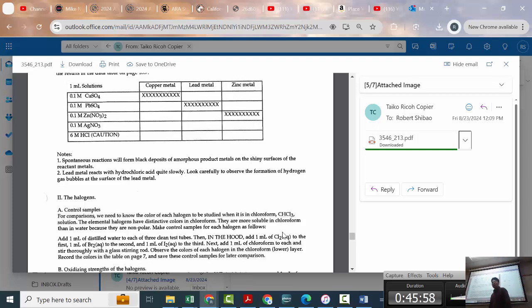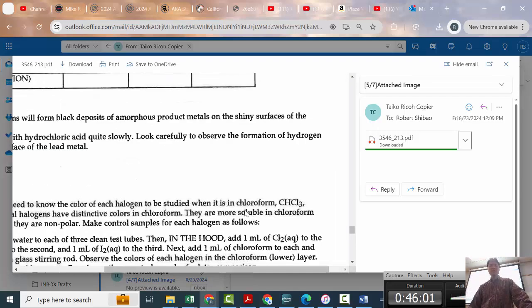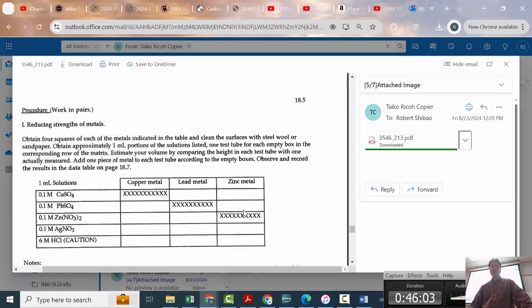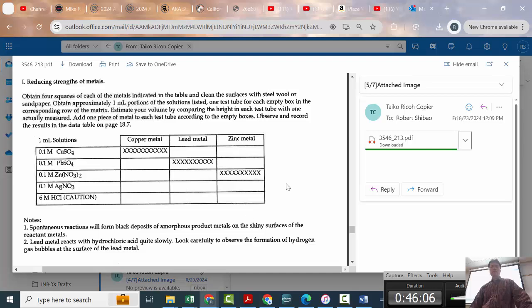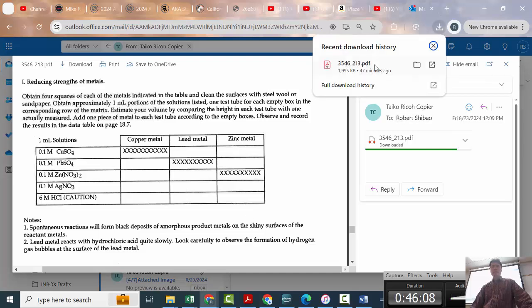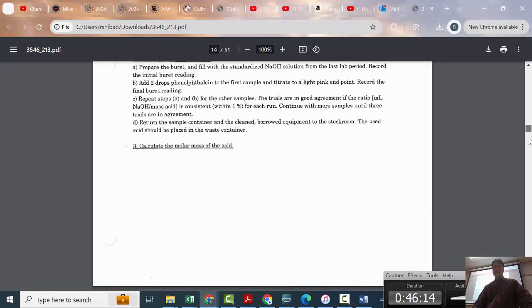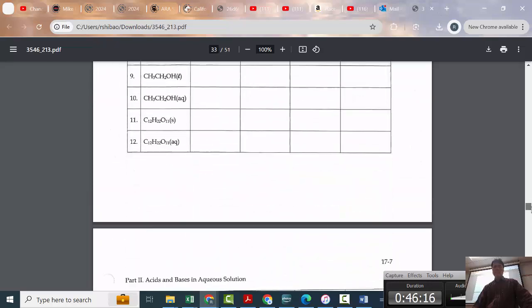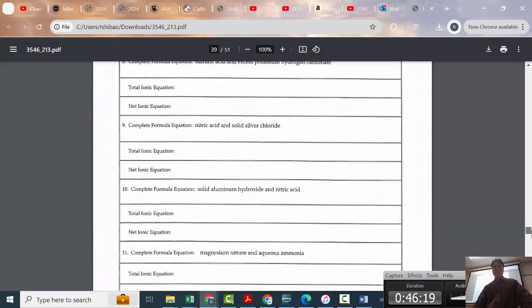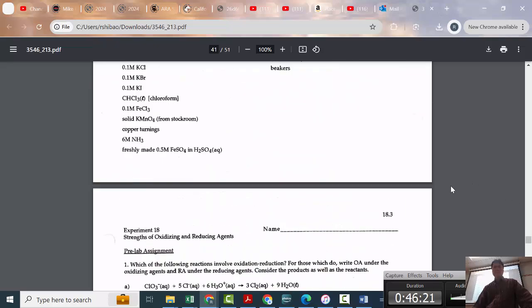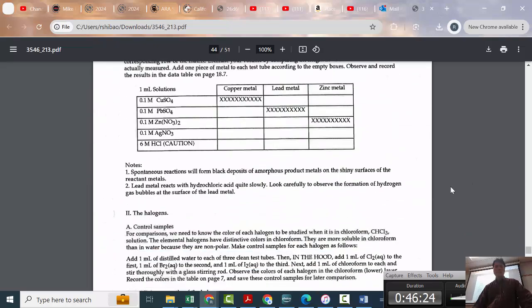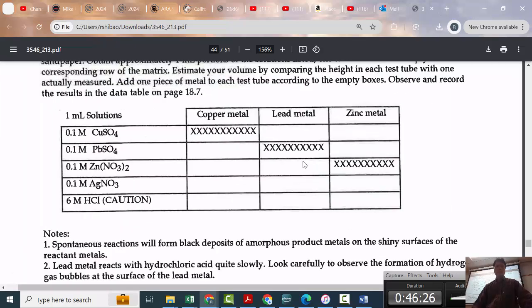So all we're going to do is we're going to take some zinc metal and mix it with some copper 2 sulfate.